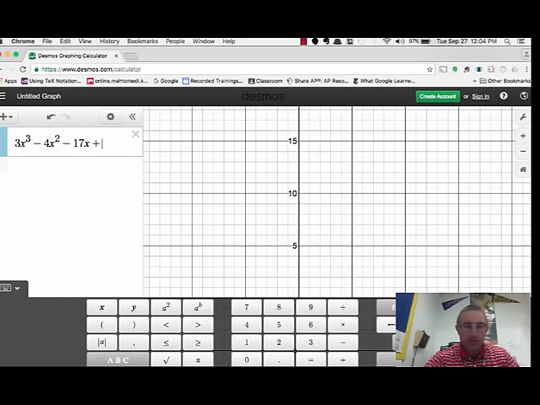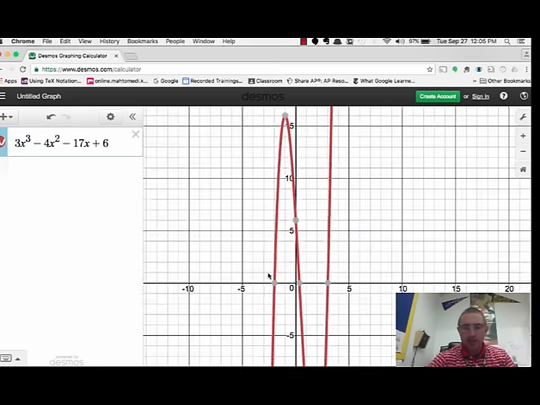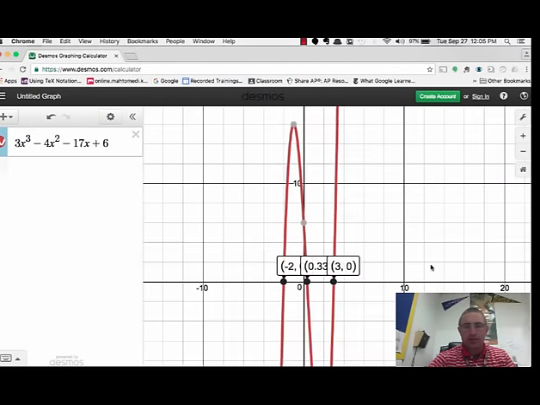Remember, my goal is to get at least one of the nice solutions. I can see here there's -2 as a solution. This one's not so nice. There's another nice solution. I could use either one of those nice solutions, so I'm going to use this 3 solution. I could pick either one, the 3 or the -2. Let's take a look at what we do next.